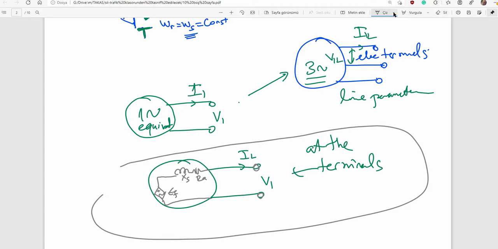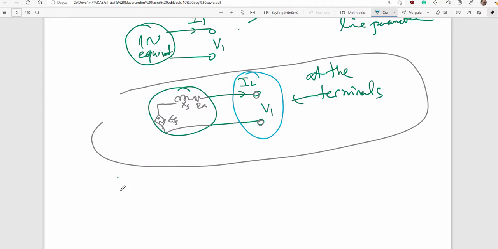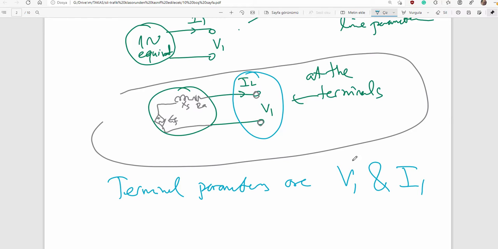And you see terminal parameters are V1 and I1. Those are phasors, of course.